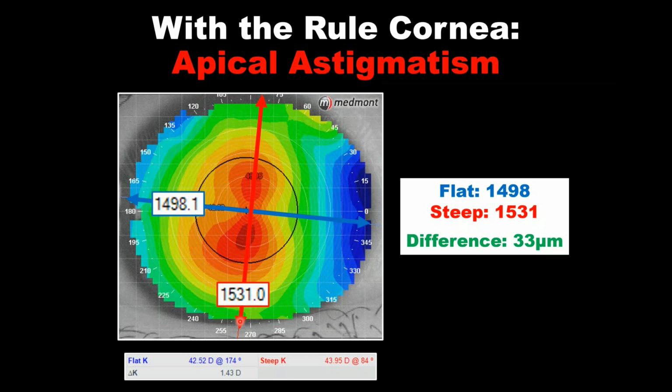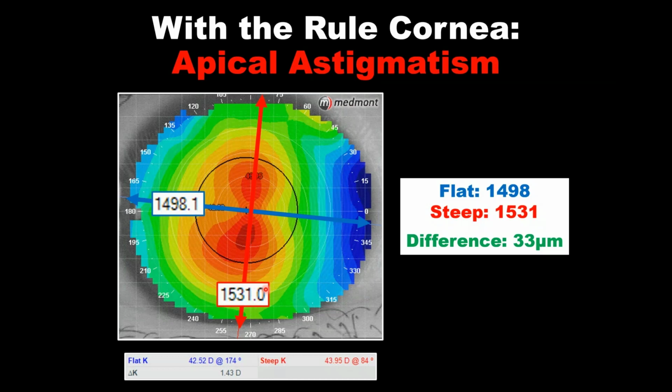The corneal surface is dropping backwards. It's dropping not up in elevation, but down toward the back of the eye. So the eye is 33 microns deeper running across the vertical meridian.